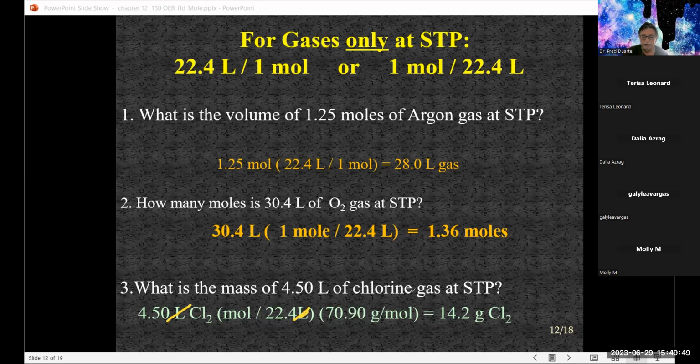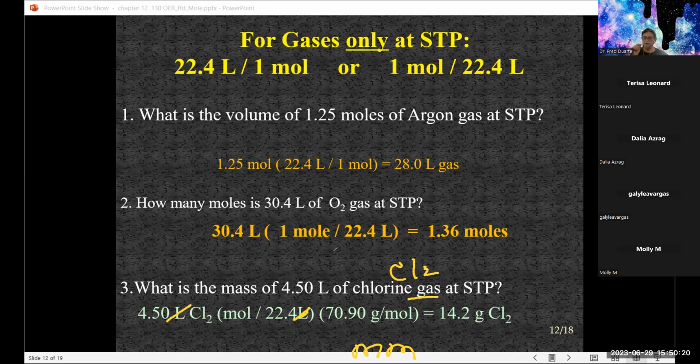Then with the molar mass, MM, of chlorine gas. Keep in mind that this is diatomic because it's talking about chlorine gas. They didn't say chlorine. If it was chlorine, then the molar mass would be simply the atomic weight of 35.45, okay? But they're saying chlorine gas, and we know that chlorine is diatomic, so you've got to double that.